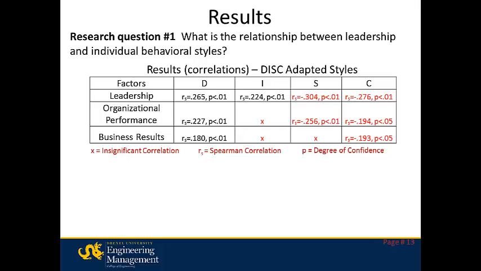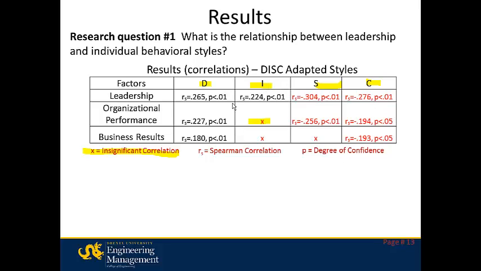What we found was that any of the areas where you see the X, there was no correlation or an insignificant correlation between the four styles, D, I, S, or C, as you can see here as an example. We did a Spearman correlation for each of these, as well as showing you the degree of confidence.